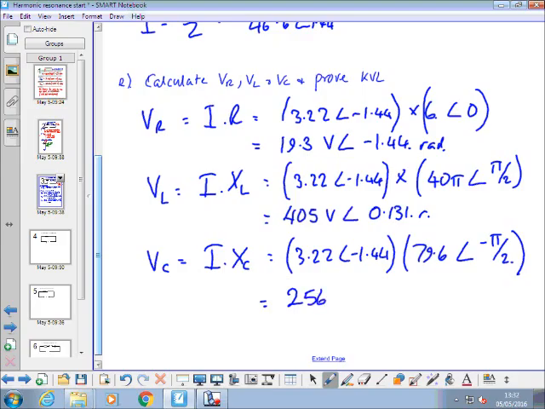That gives 256 volts, angle minus 3.01. Yes, great.